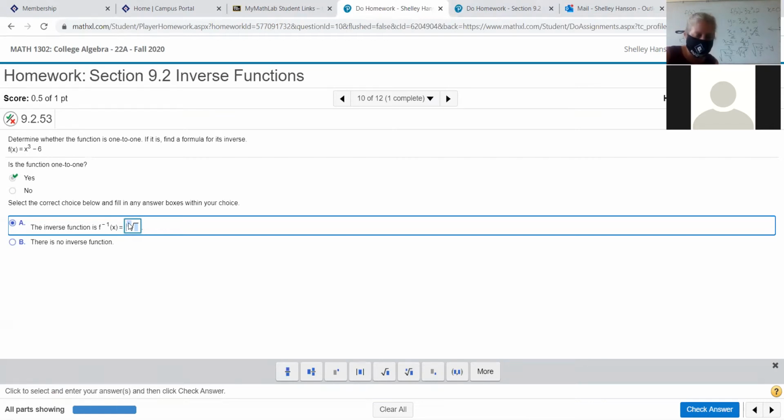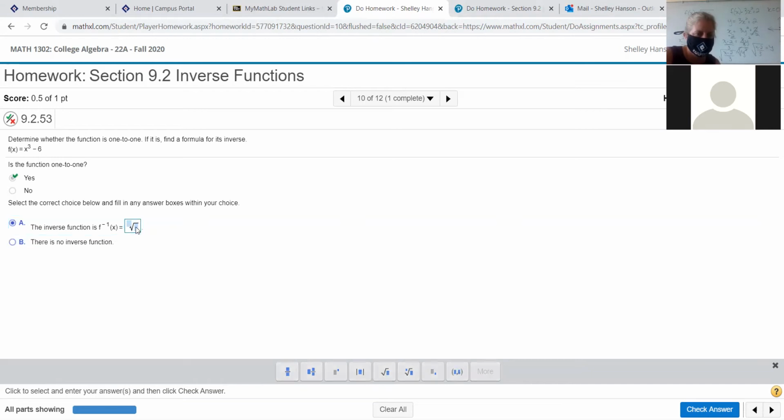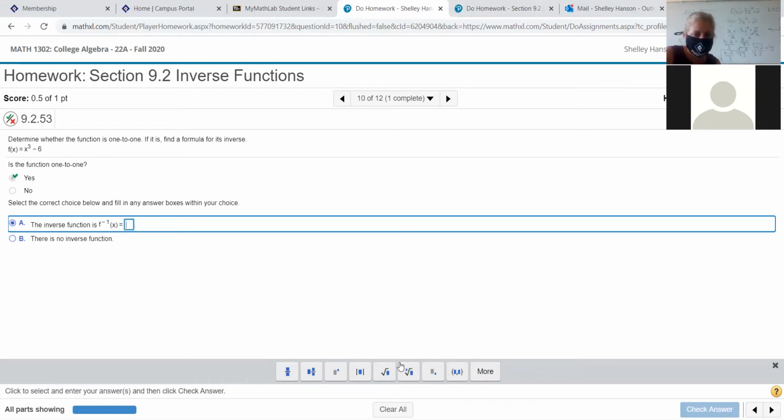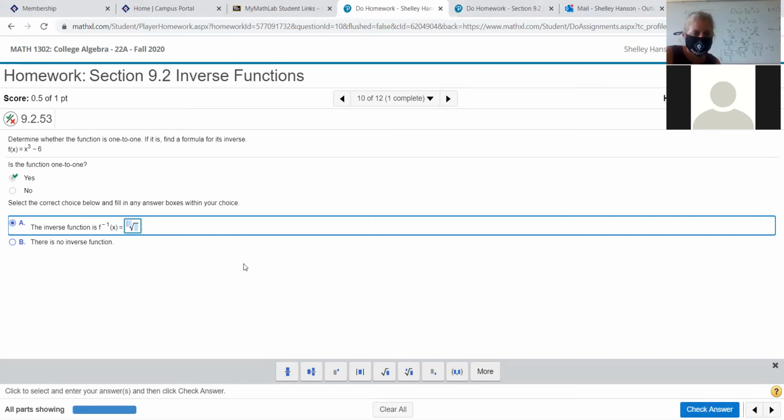So that's where you'd put, let me get up there. That's where you would put the cube root in that little box right there. And then whatever the rest of the answer is. So the cube root, and then put whatever the rest of that answer was in there.